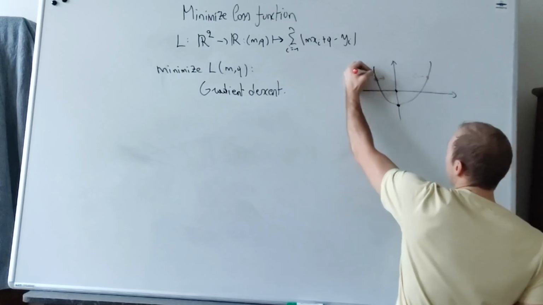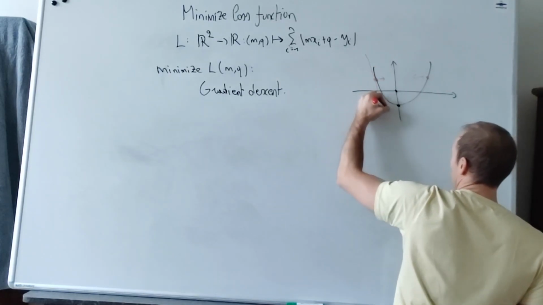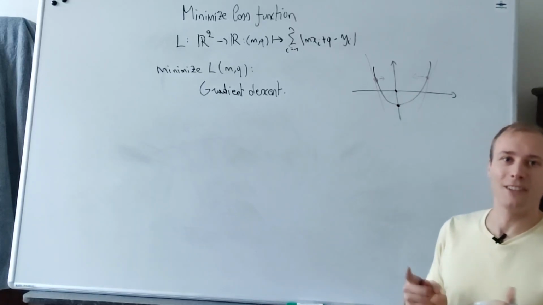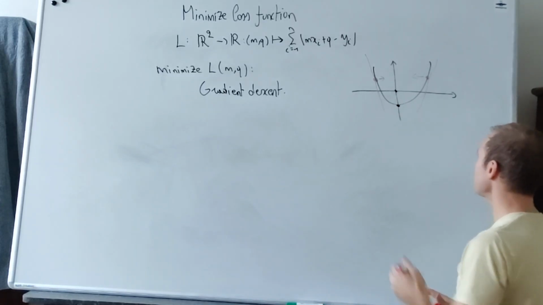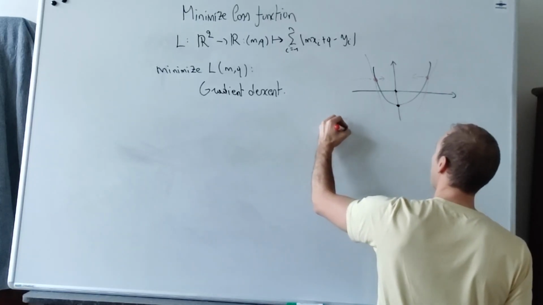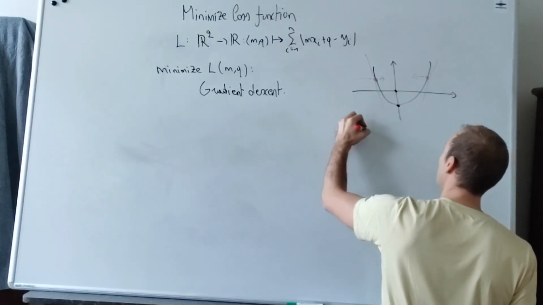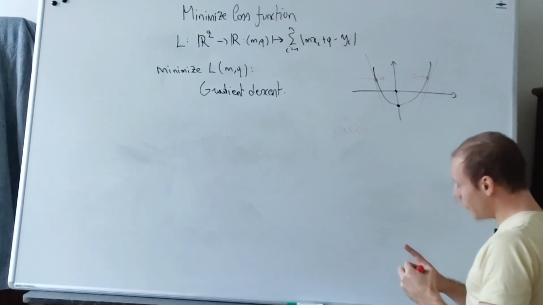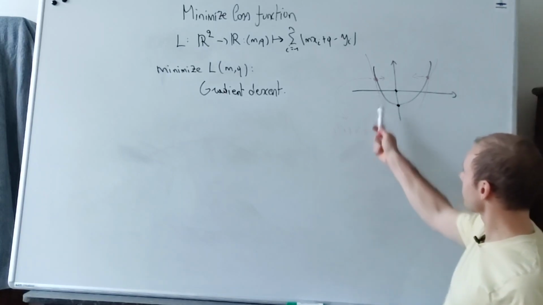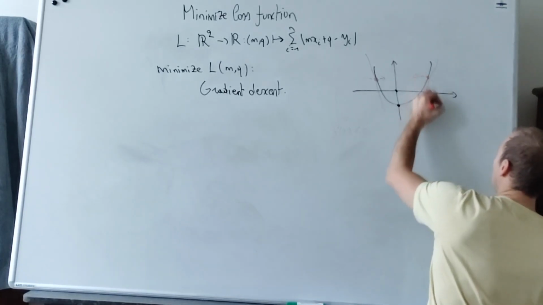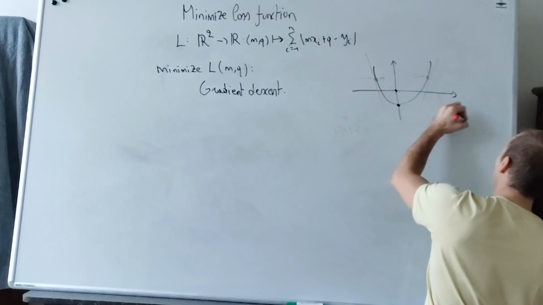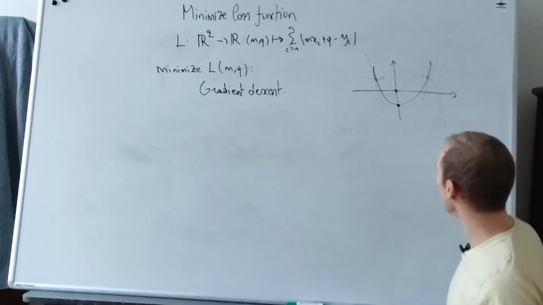Now, if you draw the tangent lines, the slope is the derivative of the function. At this point, we see that f prime of x is smaller than 0, because we have a descending line. And here we have an ascending line, so our derivative is bigger than 0.